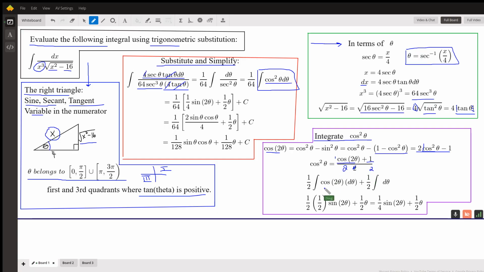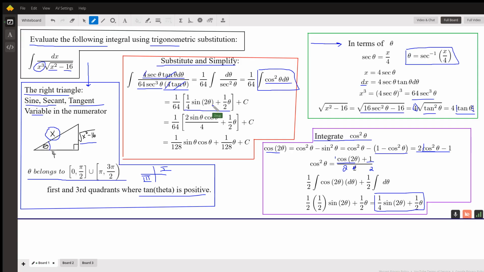And so the antiderivative of cosine 2 theta is 1/2 sine 2 theta. It's still multiplying by this 1/2. And the antiderivative of d theta is 1/2 theta. So there is the antiderivative for cosine squared. And that's what I've substituted right here.